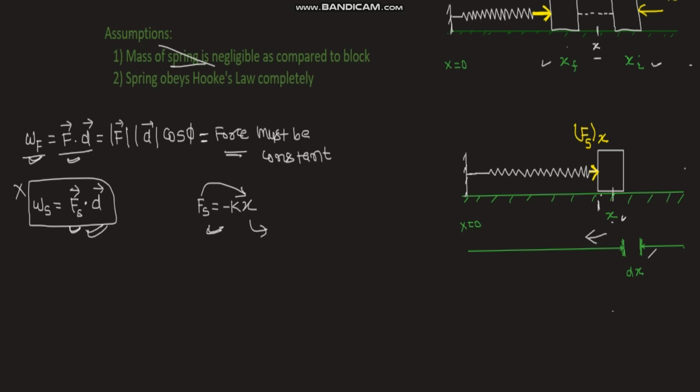And since it is very small, the variation of spring force in this interval will be very low. So we can say that in this displacement of dx, Fs must be constant, and that is equal to minus kx.